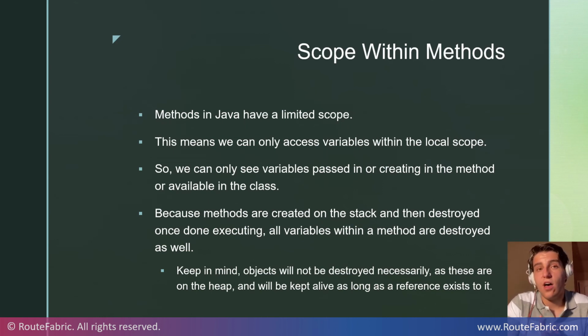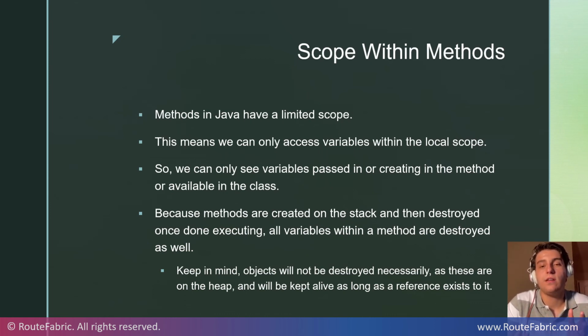If you returned a value, you'll have that because that will go to the method that called it underneath it in the stack. And if you also change some objects on the heap, that will remain changed because objects on the heap don't get destroyed when a method is popped off the stack. Those will stay there because they have an undefined lifespan. So keep in mind, objects will not necessarily be destroyed.